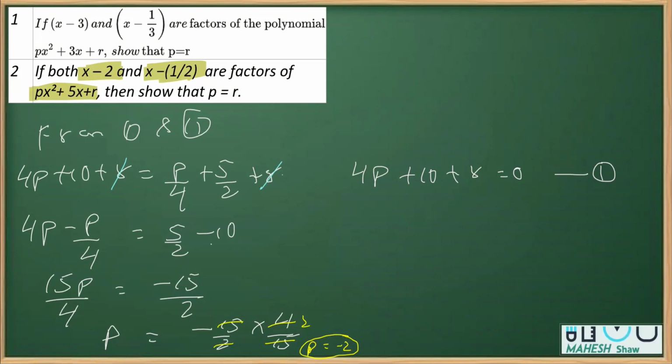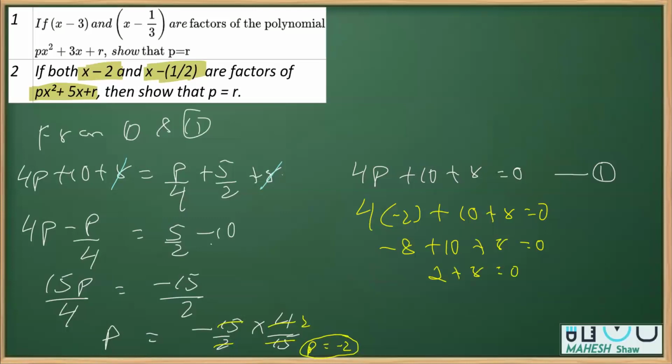So this is 4 times p, which is minus 2, plus 10 plus r is equal to 0. This is how much? Negative 8 plus 10 plus r is equal to 0. Minus 8 plus 10 is positive 2. So 2 plus r is equal to 0. This implies r is equal to minus 2.